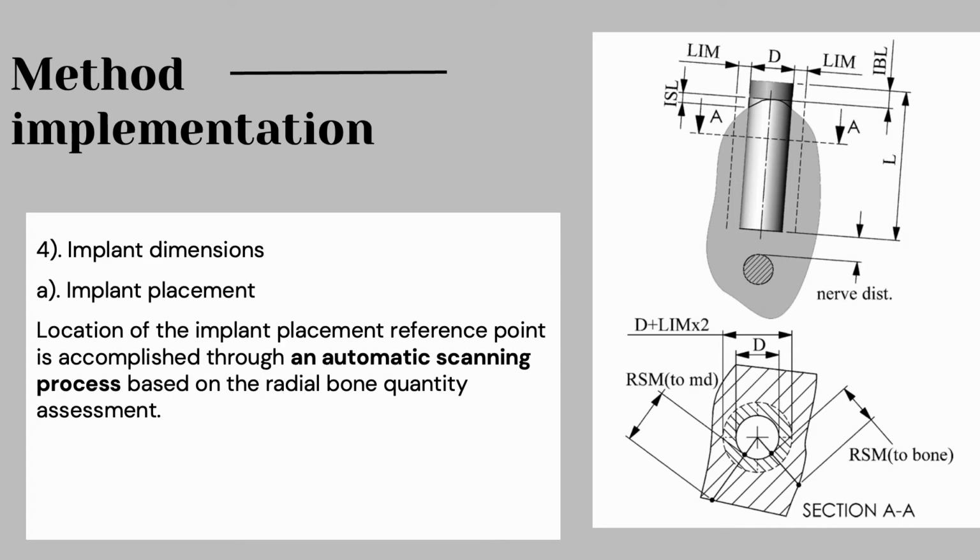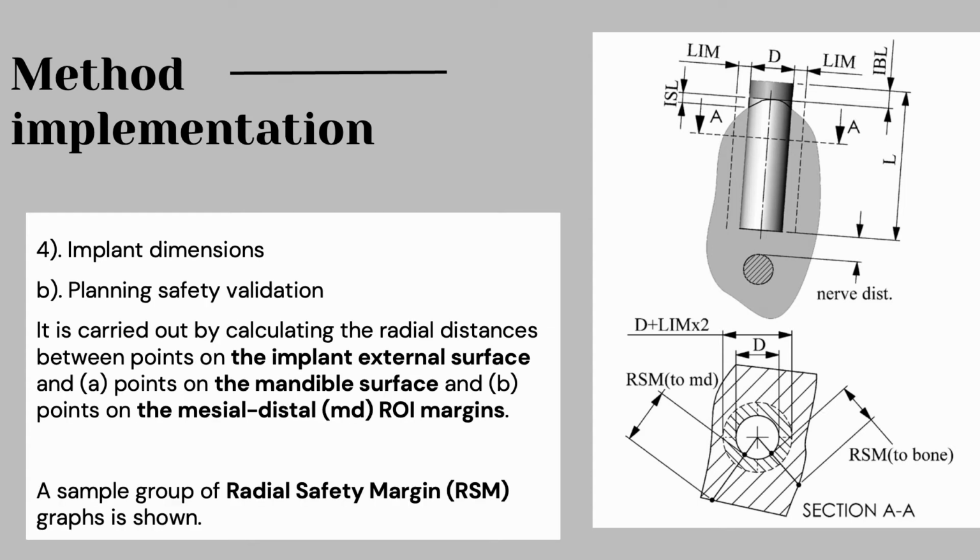Implant placement. The location of the implant placement reference point is accomplished through an automatic scanning process based on the radial bone quantity assessment. Planning safety validation. It is carried out by calculating the radial distance between points on the implant external surface and points on the mandible surface and points on the mesial distal ROI margins.